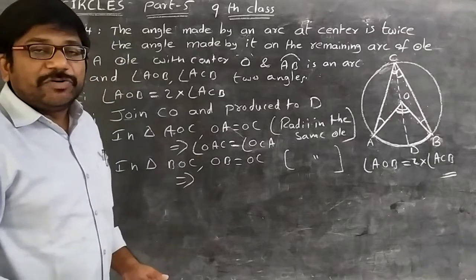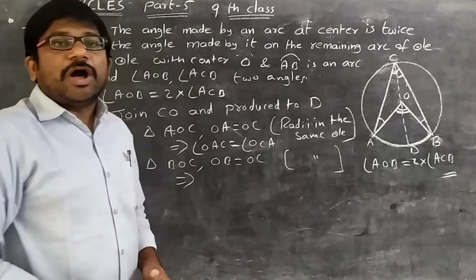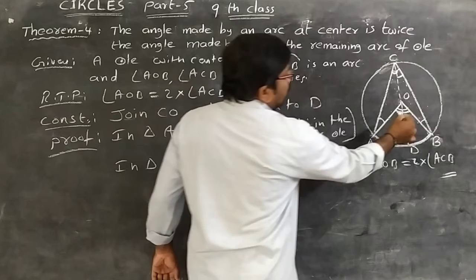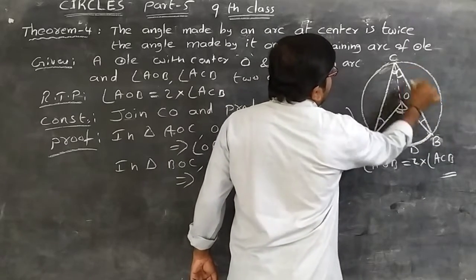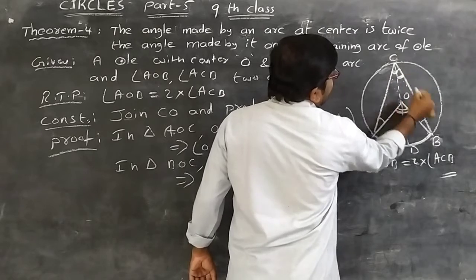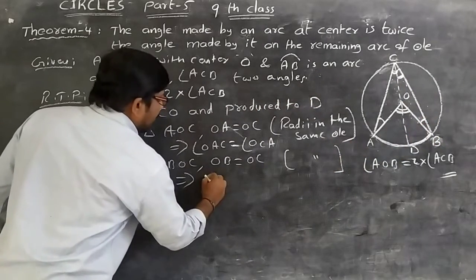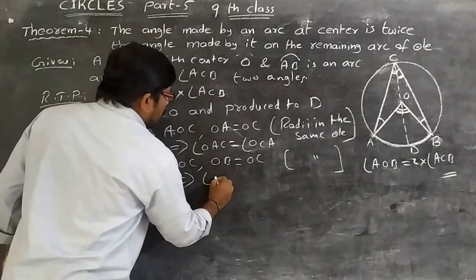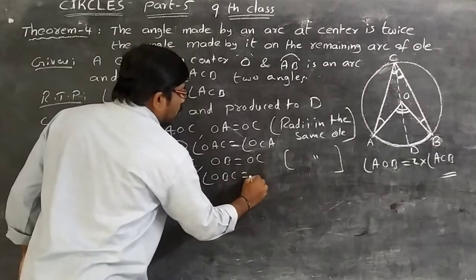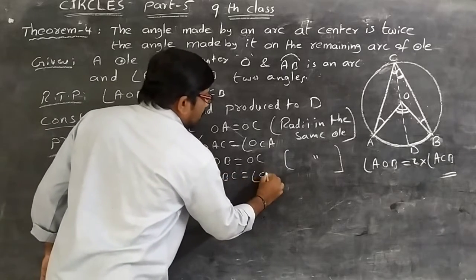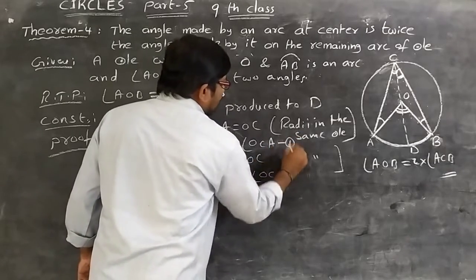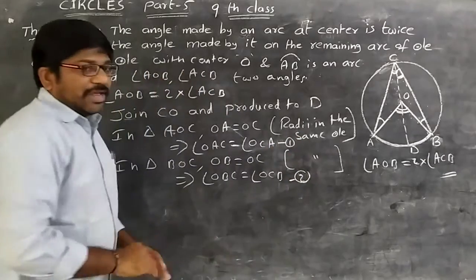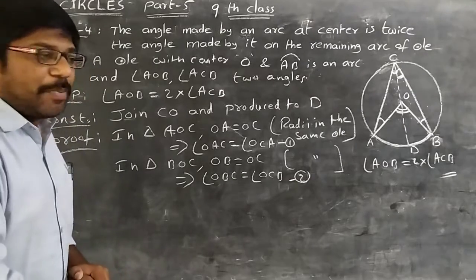In any triangle, if two sides are equal, then their opposite angles are equal. So angle OBC is equal to angle OCB. It is equation 1 and equation 2. Now, next, the measured part.